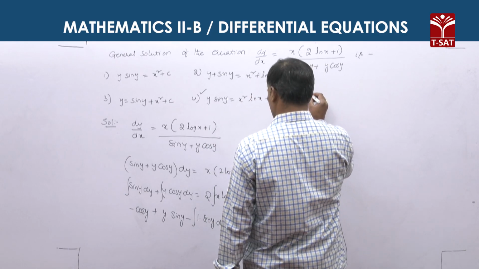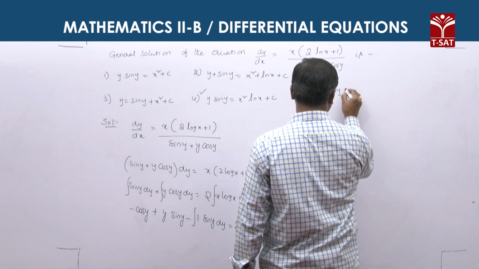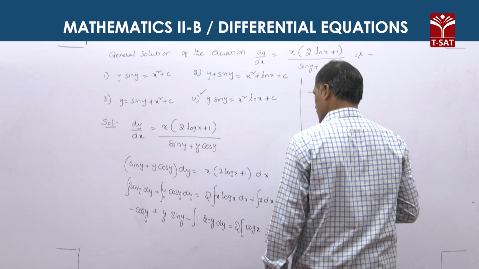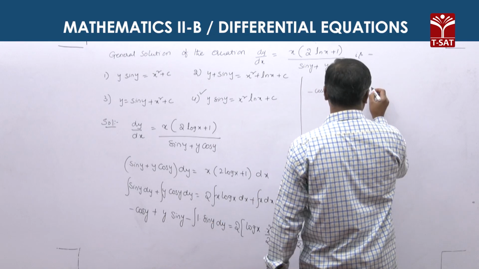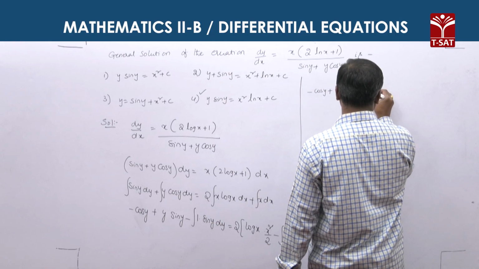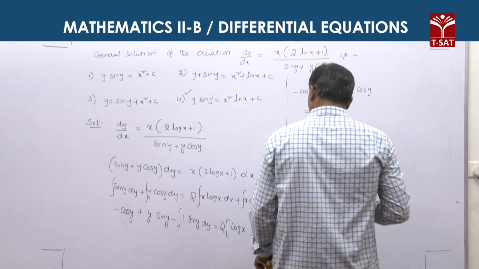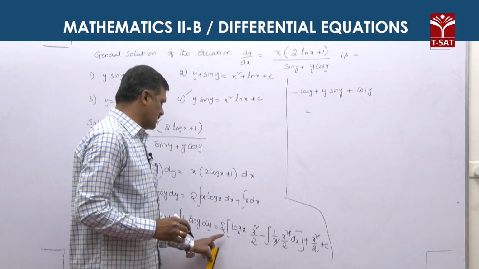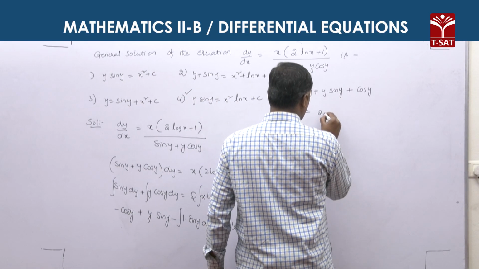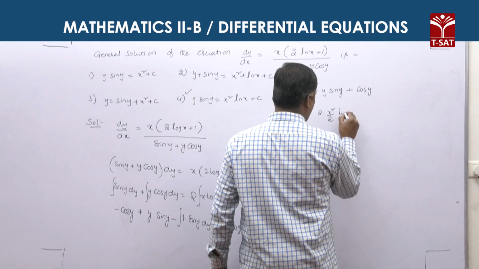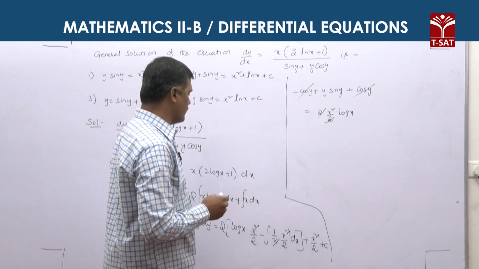Minus cos y plus y sin y, again minus integral of sin y dy, minus cos y, minus of minus plus cos y, is equal to, now multiplying with 2 into log x into x square by 2, 2 into x square by 2 into log x, 2 will go, plus y, minus cos y plus cos y will go.